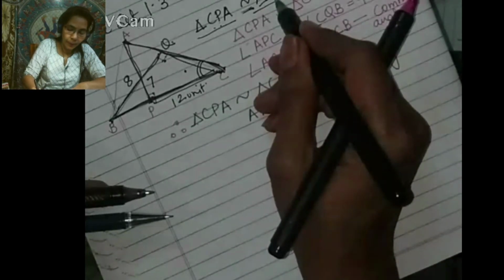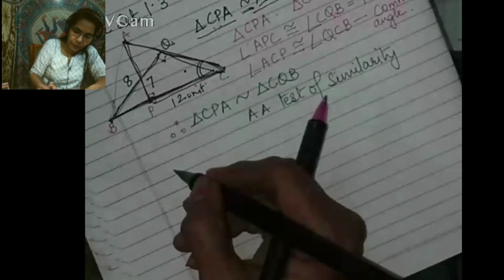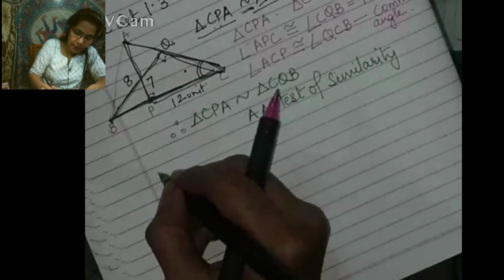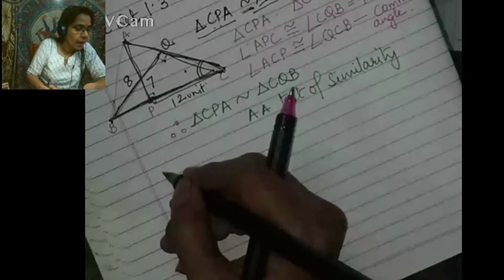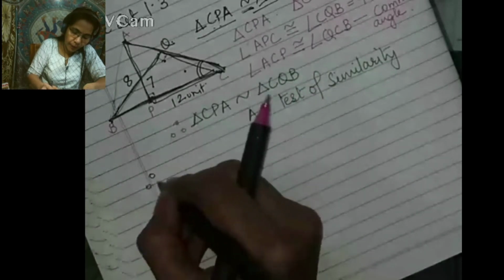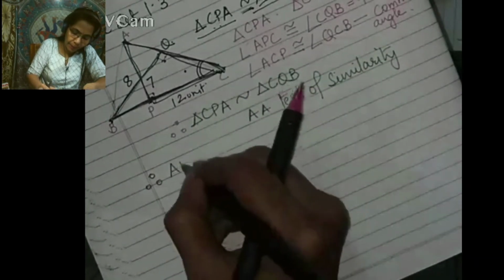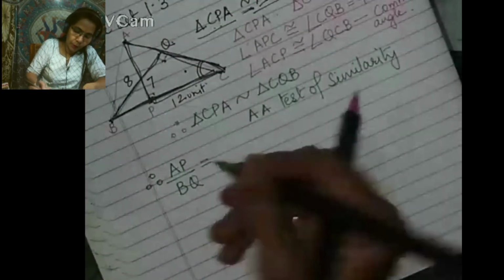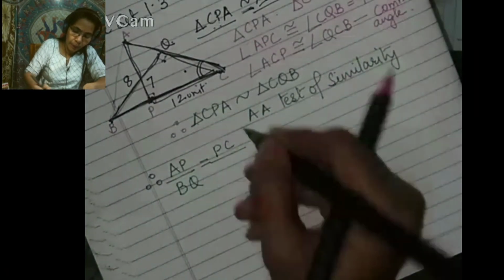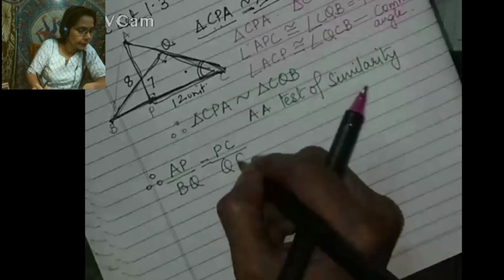If the two triangles are similar to each other, then their sides, which we call the corresponding sides, will be similar to each other and in proportion. Therefore, AP upon BQ is equal to PC upon QC, which is equal to AC upon BC.